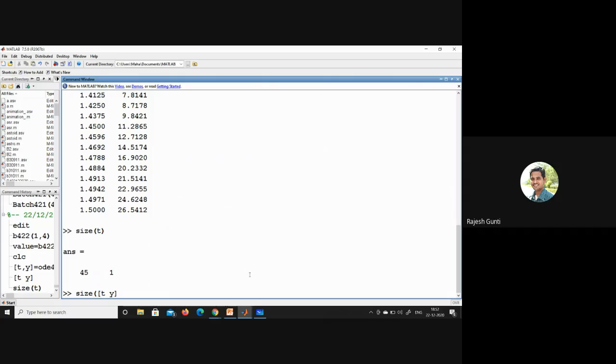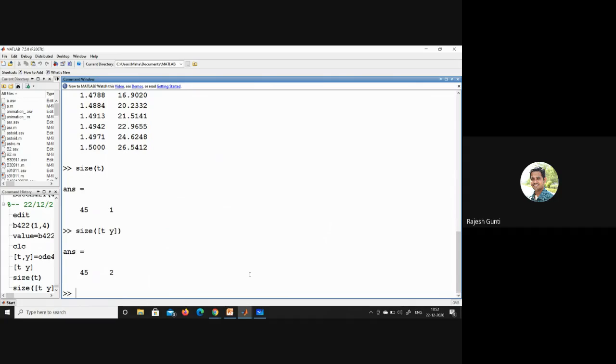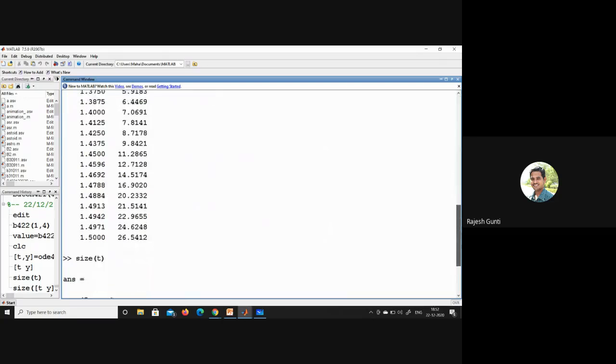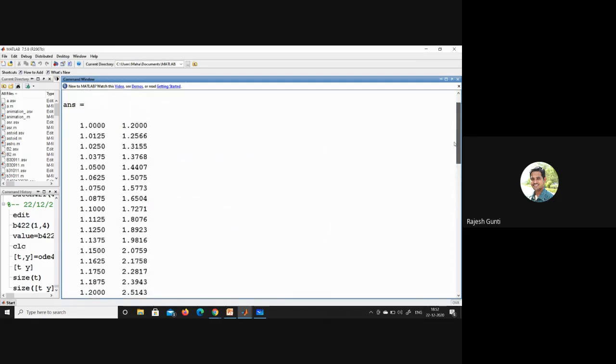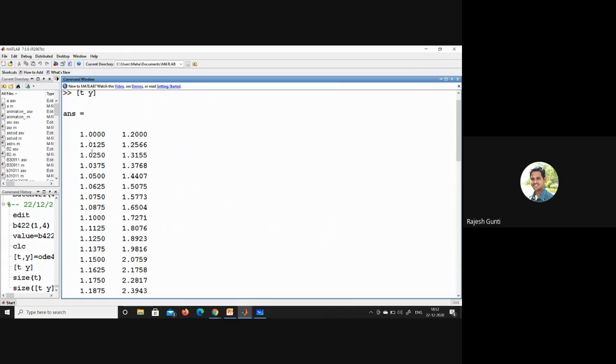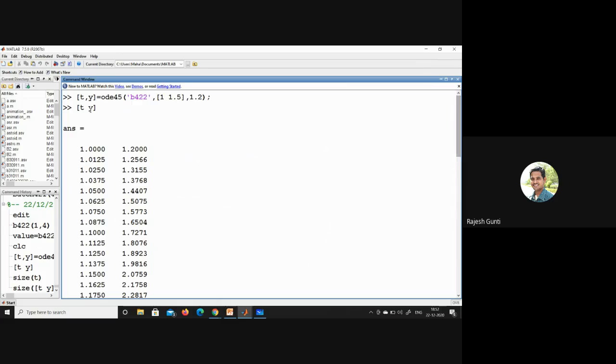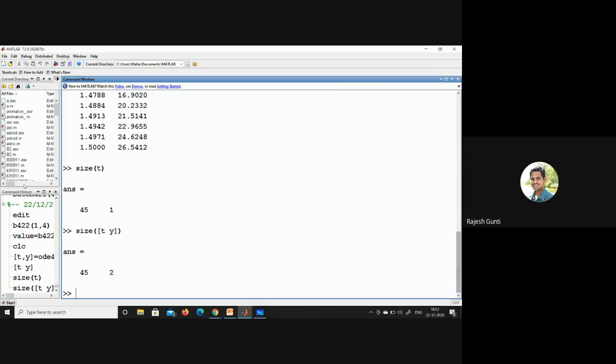The vector has 45 rows and 2 columns. So by default, ODE45 takes 43 intermediate points. The first point is the given value, and the 45th point is our solution.